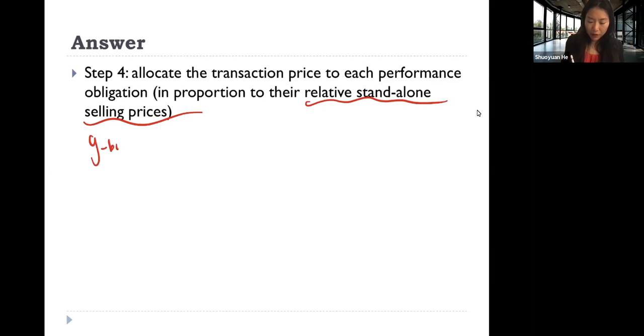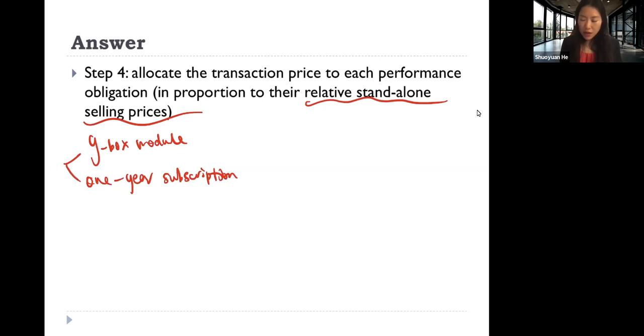So we have a white box. The first performance obligation is a white box module. And then we also have a 1 year subscription. And then the standard non-selling price for the white box module is 240.